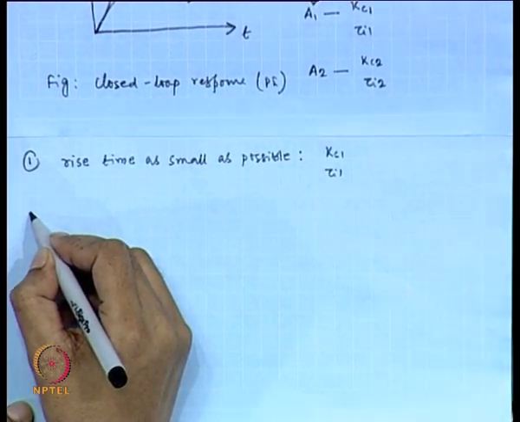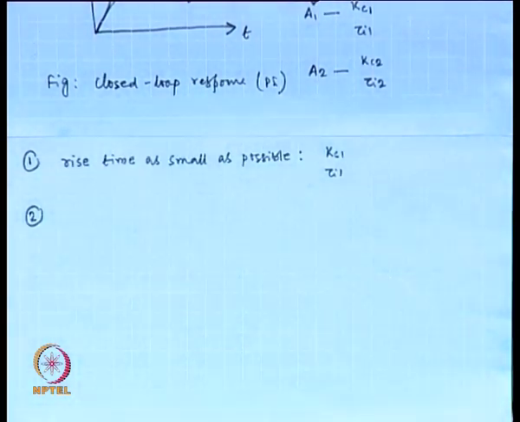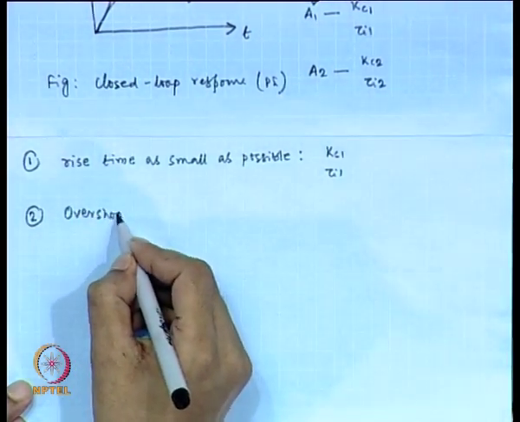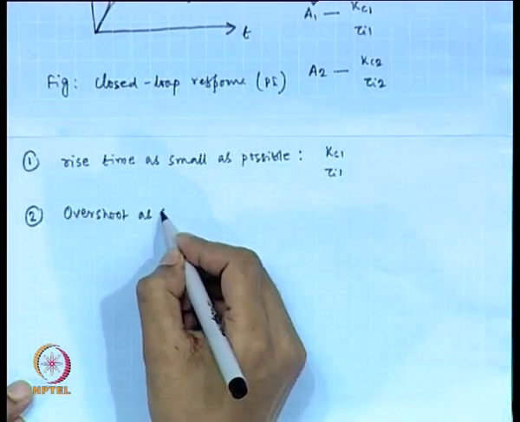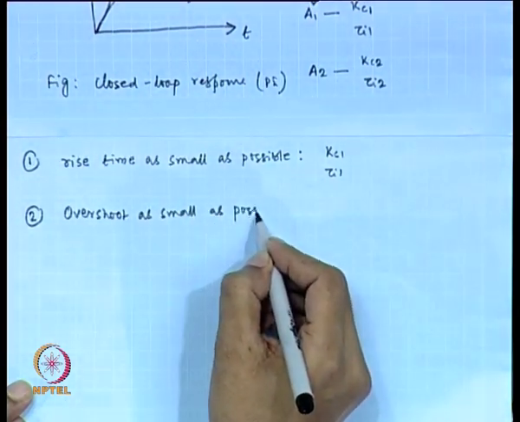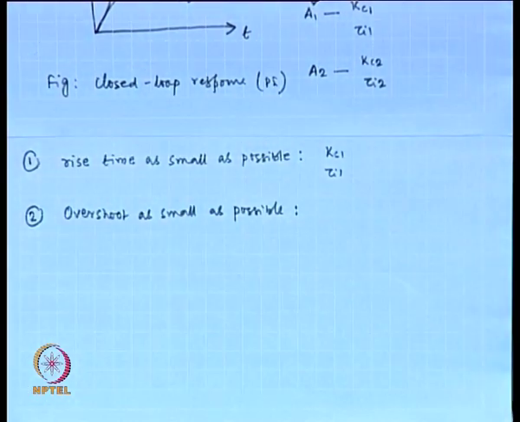Now, suppose another criterion is keep the overshoot as small as possible. If this is our target, which tuning set will we use?